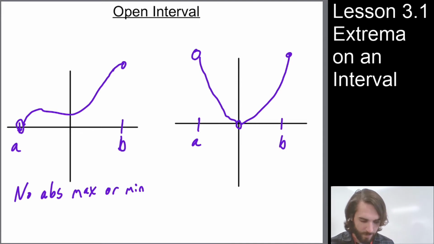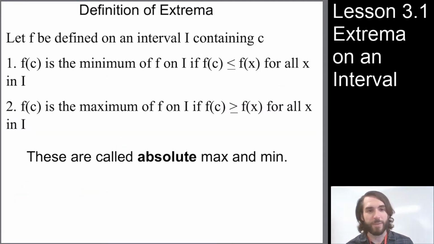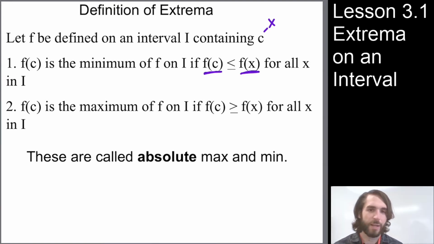Okay, so let's take a look. Here's our official definition of extrema. If f is defined on an interval containing the value c, which is an x value, then f of c is the minimum of f if f of c is less than or equal to all other values of f of x.